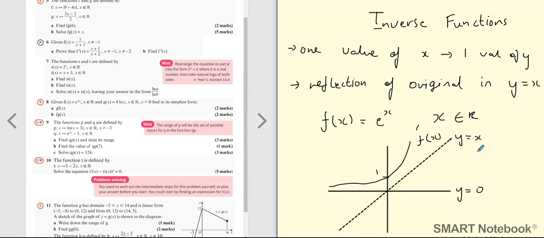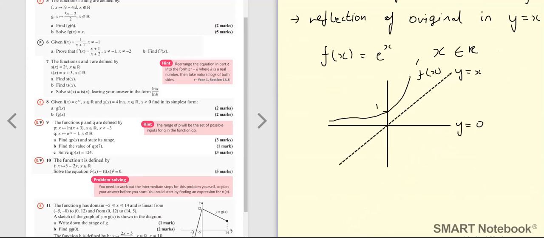Now, if I now look at the inverse of f of x, if I reflect the curve in the dotted line, I get something that looks like that. Now, that y value of 1 now becomes an x value of 1. The asymptote of y equals 0 now becomes x equals 0.